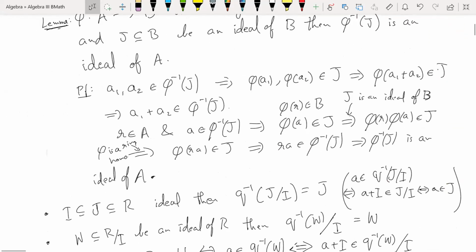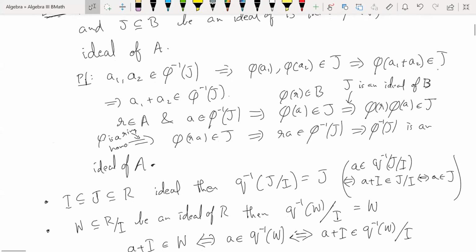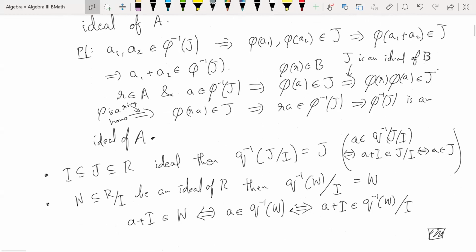Now we will show that the two maps which we defined are inverses of each other: J going to J mod I, from the set of ideals of R containing I to the set of ideals of R mod I, and the other map, W going to Q inverse of W, from ideals of R mod I to ideals of R containing I. Then we'll be done.